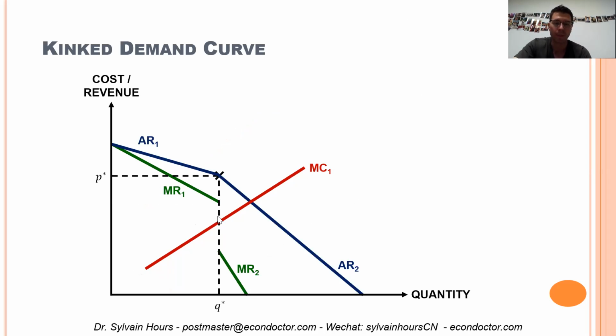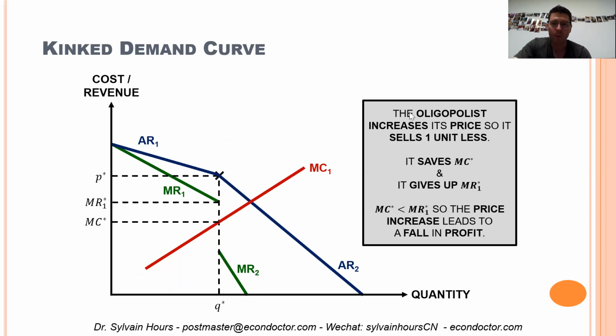So we start from here. What if, let's put it this way, the oligopolist increases its price so that it sells 1 unit less, just 1 unit less. So we need to see what the firm gains and what the firm loses. So if we sell one less unit, it means that we don't have to produce that last unit.